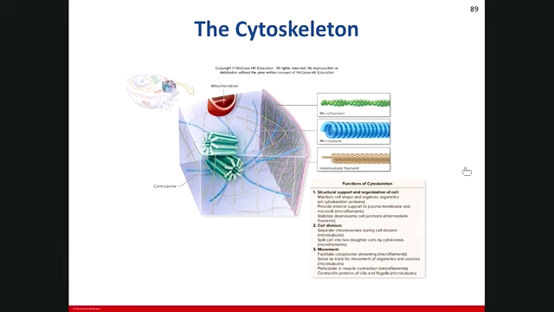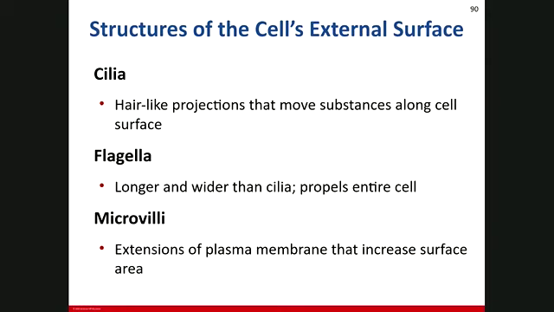And we have some structures which are located on the surface of the cells. I talked about cilia before for you. They are hair-like projections which can move forward and backward and sweep away every particle which we have on the surface of our cells.